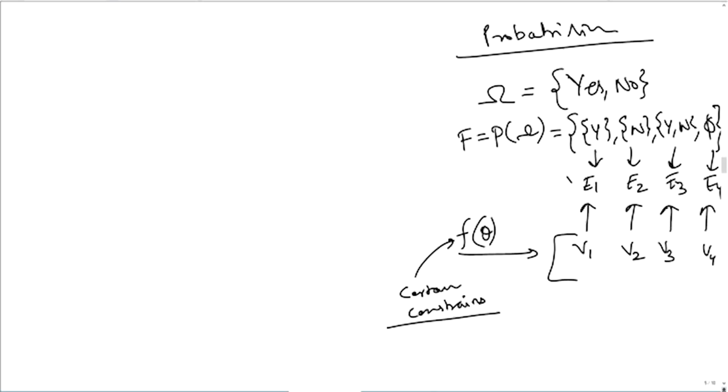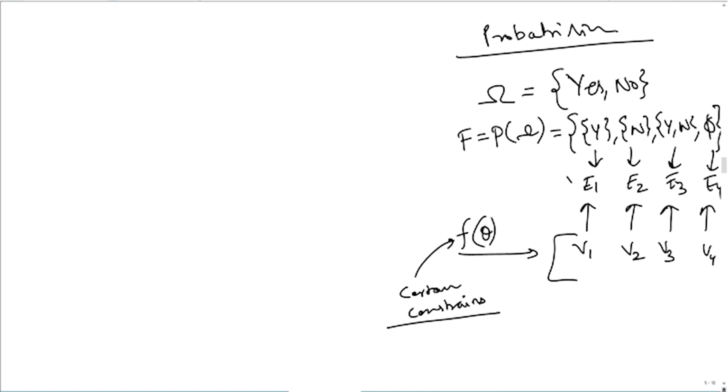That's how we define probability. Those restrictions will define what real values we can assign to these events, because you cannot randomly assign any real value. They must be constrained by certain properties, right?